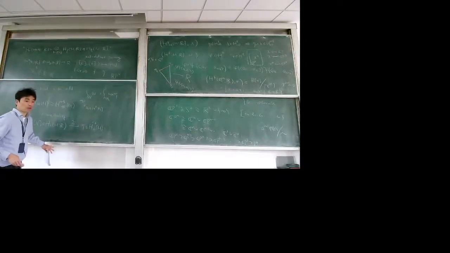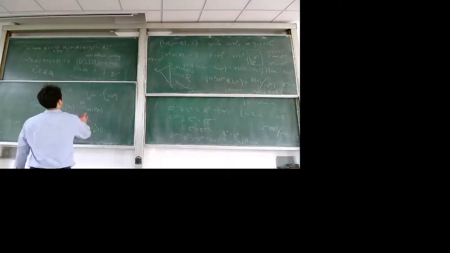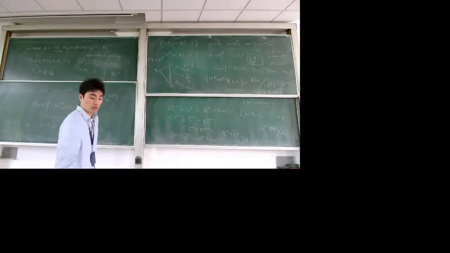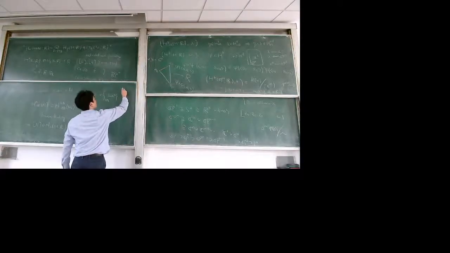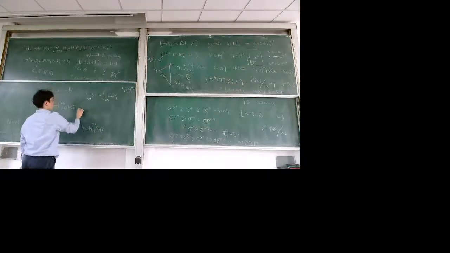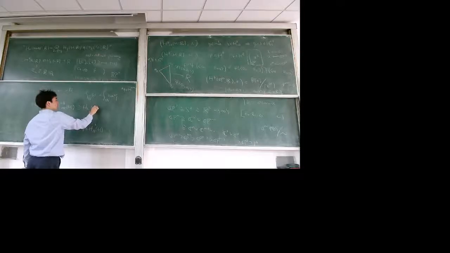So at the end of the day, this is isomorphic to the k homology of M, and this one is isomorphic to the (n-k). This is called Poincare duality.